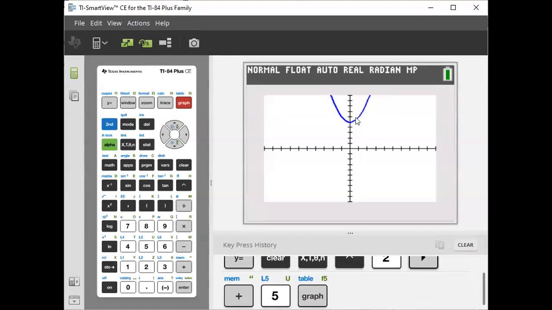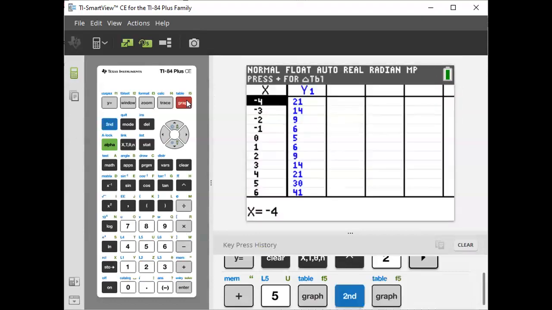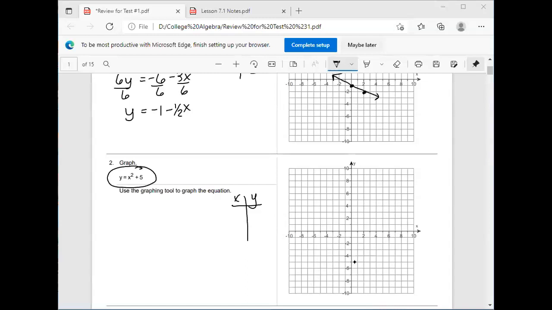And then you want to pick something on the left and the right of that. So when we look at our table, we want this 0,5 to be one of our points that we plot, because that's the vertex. So we could pick -1,6 and 1,6, that would be fine. So we had 0,5.